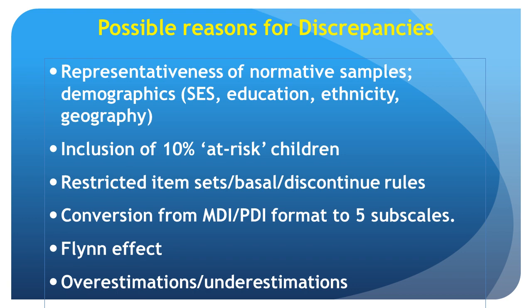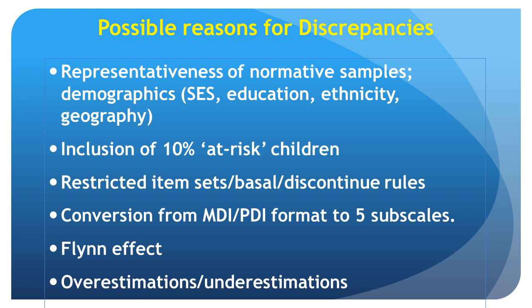I think one of the more likely reasons was the restricted item sets and differences in the basal and discontinued rules. The original Bayley was 10 positive scores for basal and 10 missed scores or zeros for the ceiling, for the cognitive function. For the motor function, it was 6 and 6.